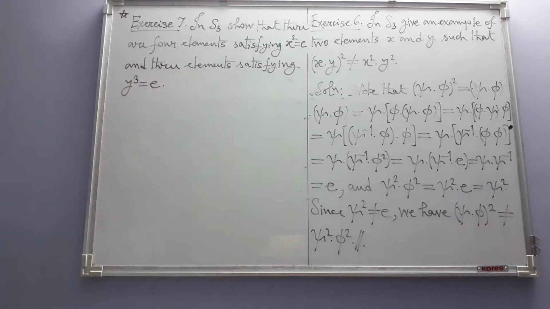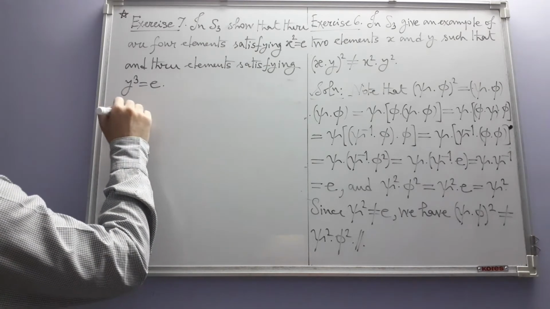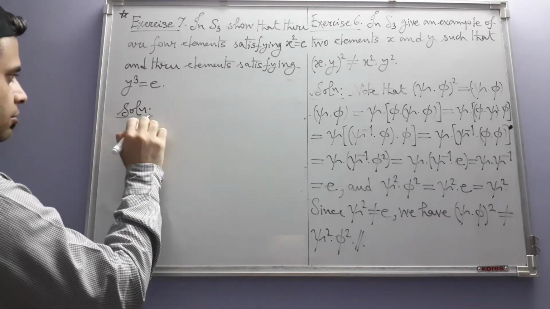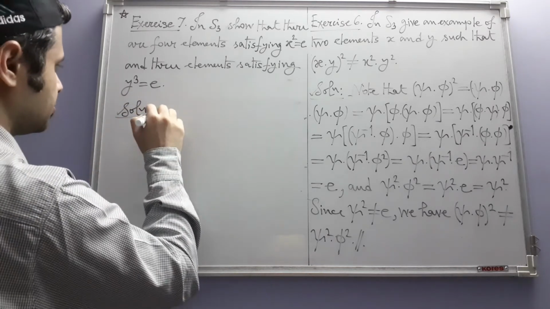So that means there are 4 elements whose squares are equal to the identity and 3 elements whose cubes are equal to the identity. Just have to see what those elements are.